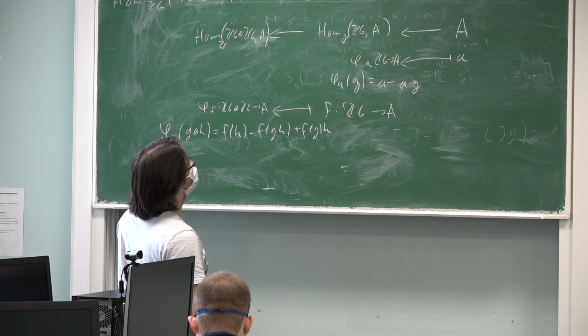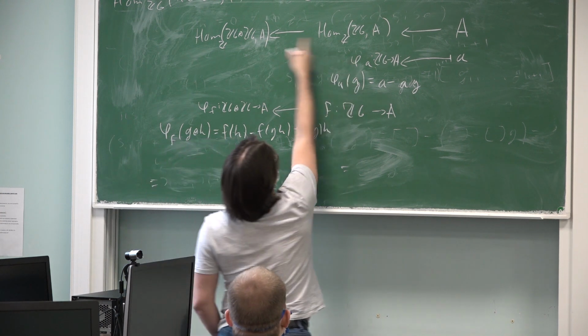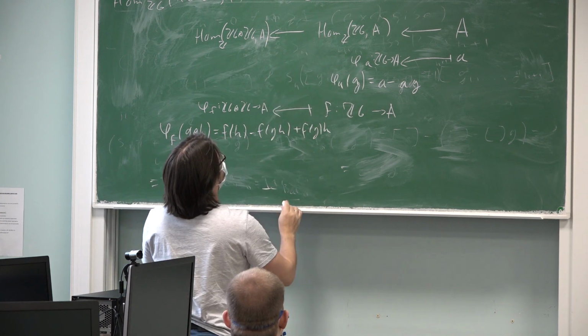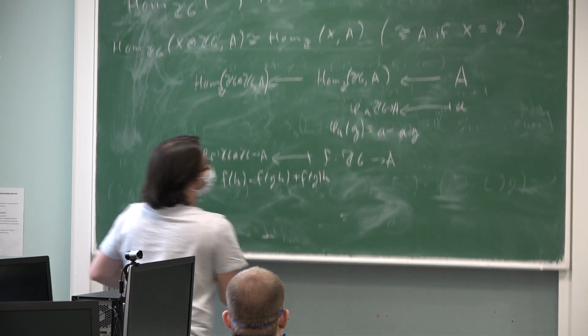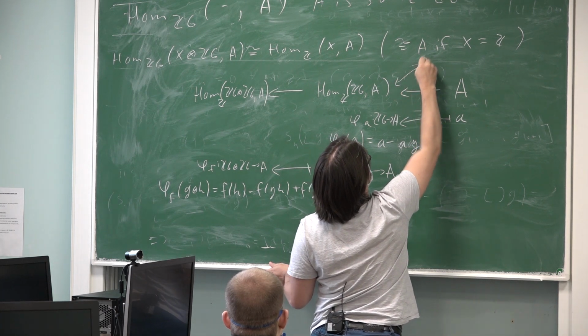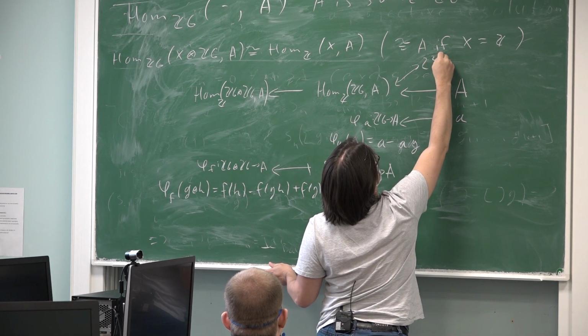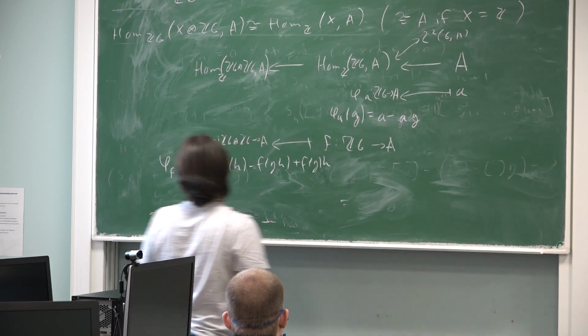The kernel of this map we denote by Z2 GA.